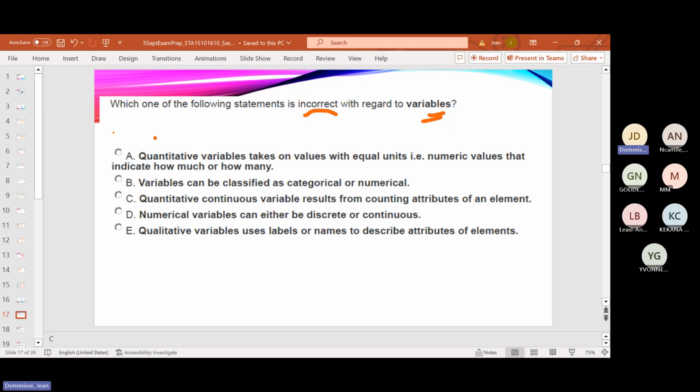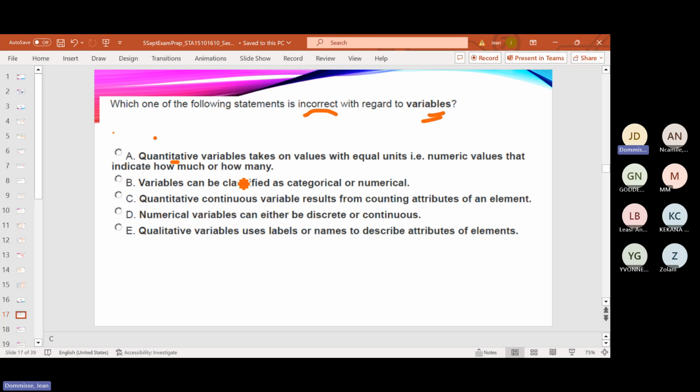Okay, so remember way back, variables, we had 2 things that we said. There can be categorical variables, there can be numeric variables. We gave them other definitions like quantitative, qualitative. So let's look. Quantitative variables take on values with equal units.